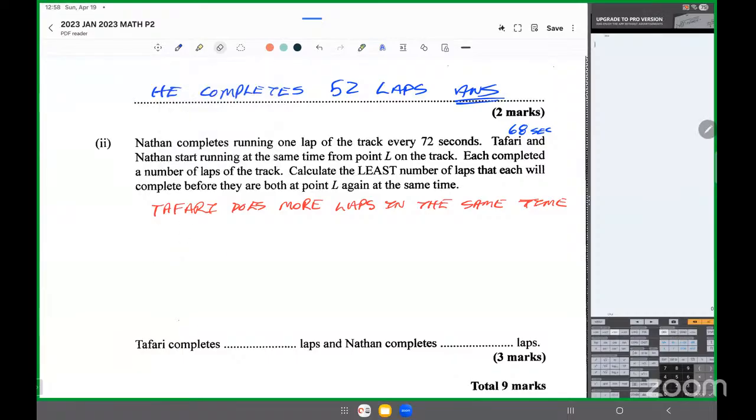So I'm going to write out the time difference, right? Time difference per lap is 4 seconds.